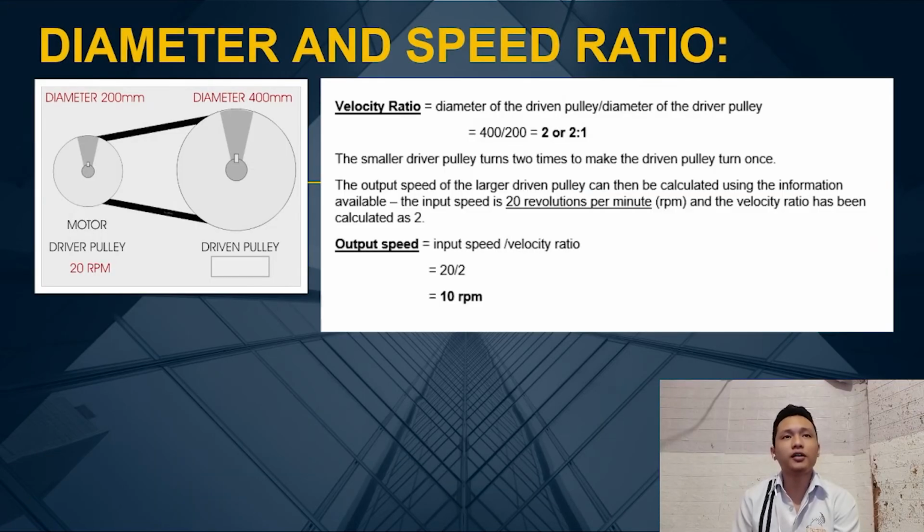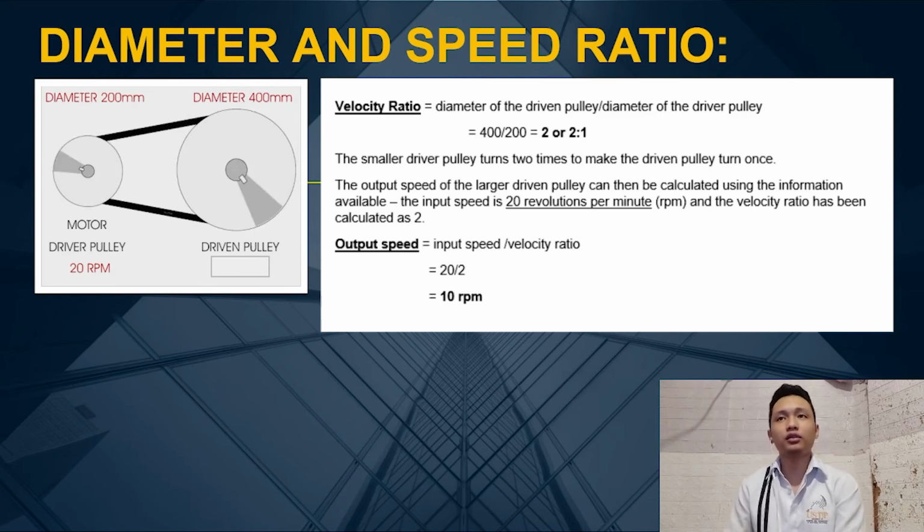The next formula is the diameter and speed ratio. So in the illustration, there are two pulleys held together by a belt. To calculate the velocity ratio, it is the diameter of the driven pulley divided by the diameter of the driver pulley.